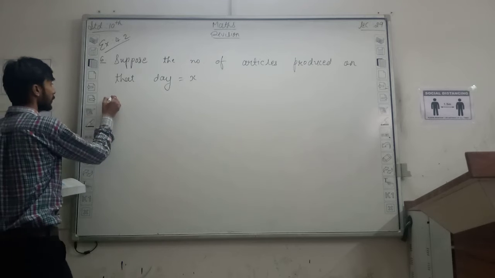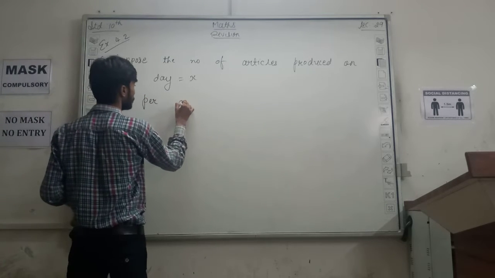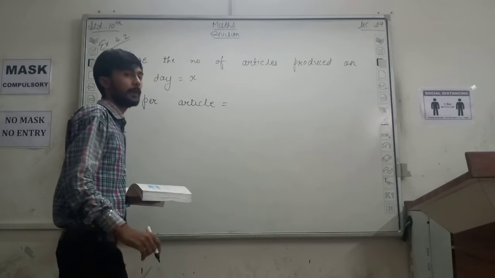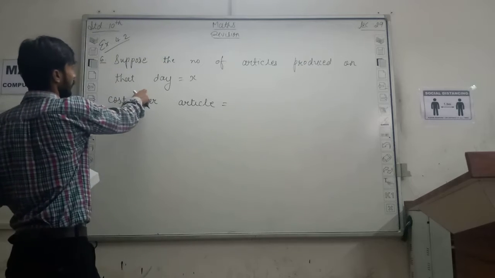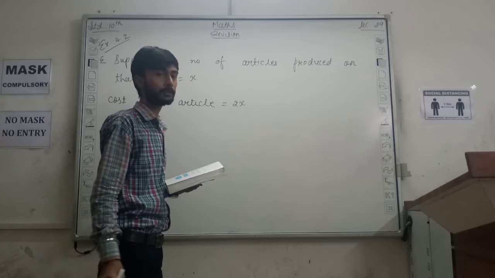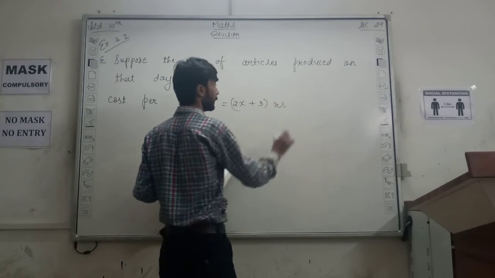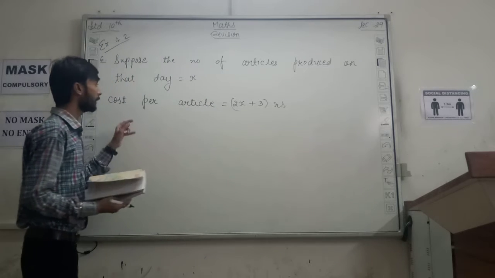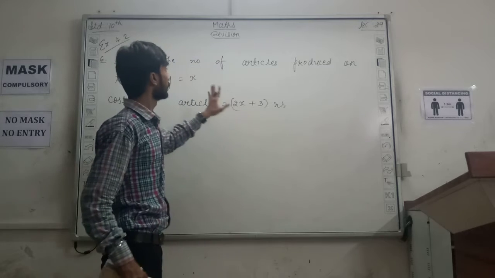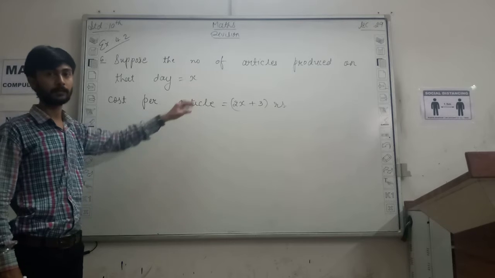Now the cost per article is twice the number of produced articles, that is 2x, and 3 more than that, that means 2x plus 3 rupees, right? Now per article cost is 2x plus 3 rupees, and you can see that the total number of articles produced is x, right?